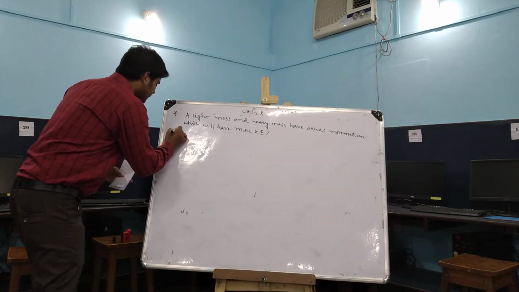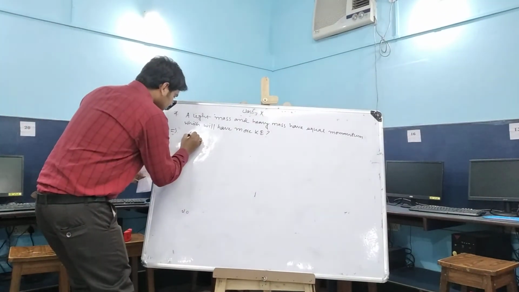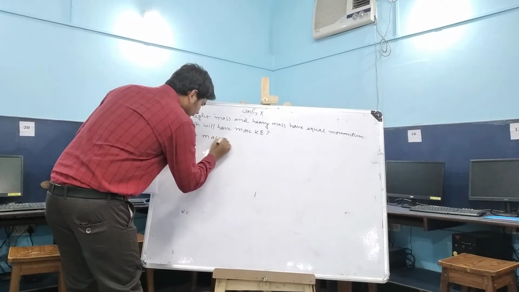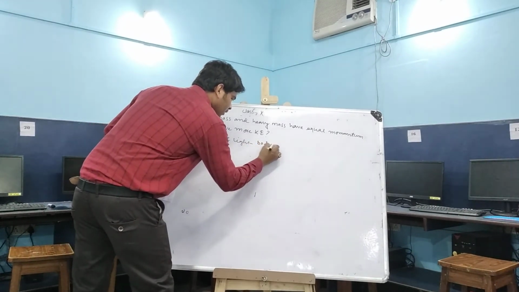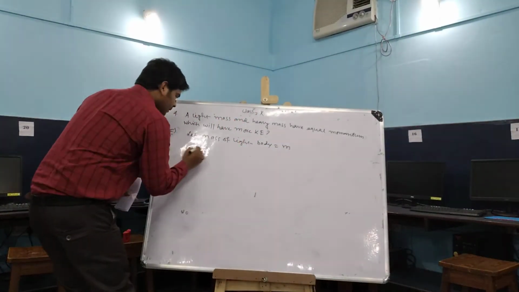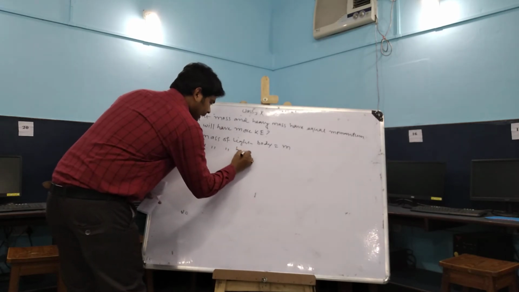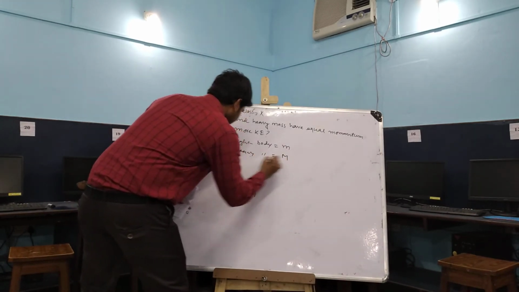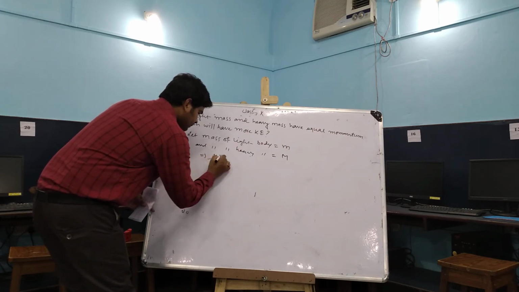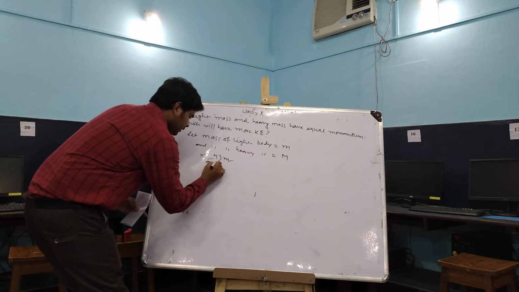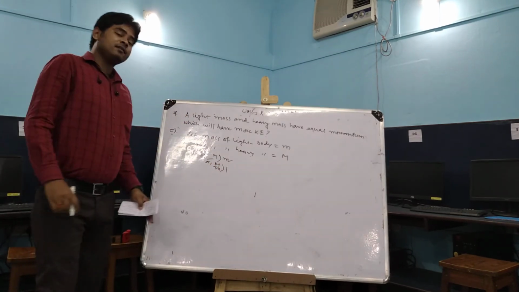To calculate this, let us consider body 1 and body 2. Let the mass of the light body be small m and the mass of the heavy body be capital M. We can say that capital M is greater than small m.